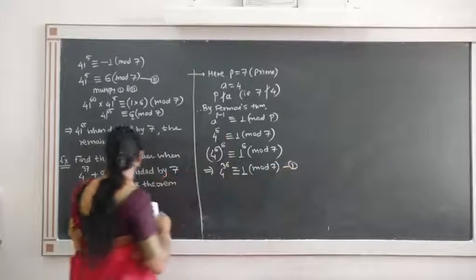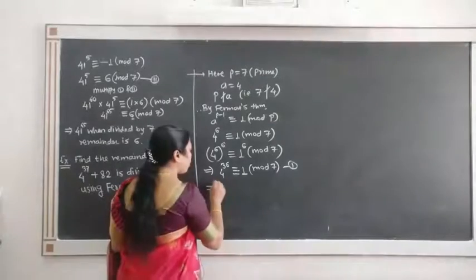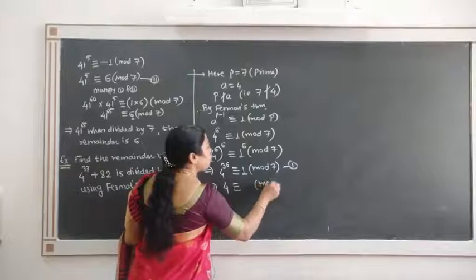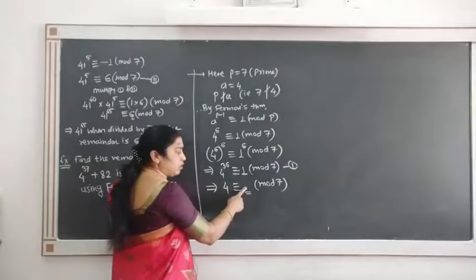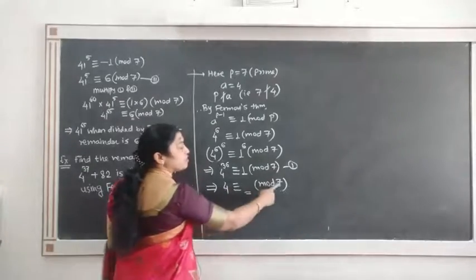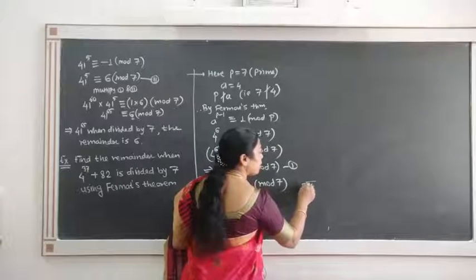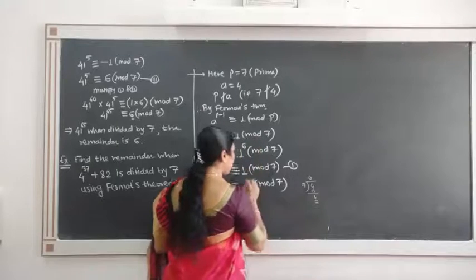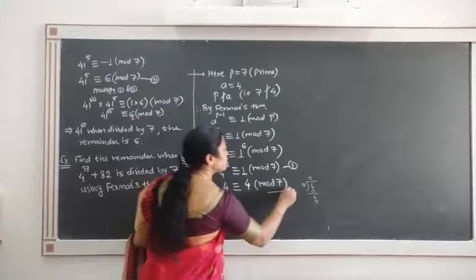We want the power 4 raised to 37, so only one power of 4 remains. So consider 4. 4 is congruent to what modulo 7? This is the remainder when 4 is divided by 7. When you divide 4 by 7, the quotient is 0 and the remainder is 4 itself. So 4 is congruent to 4 modulo 7. This is equation number 2.